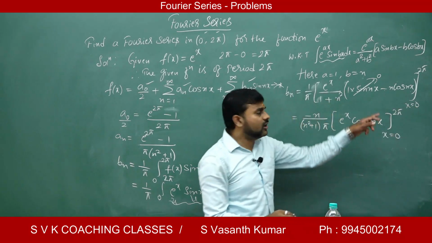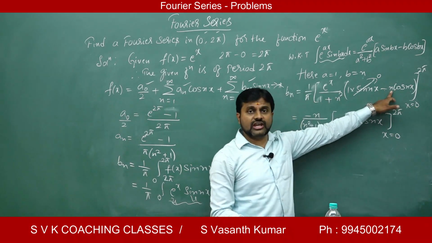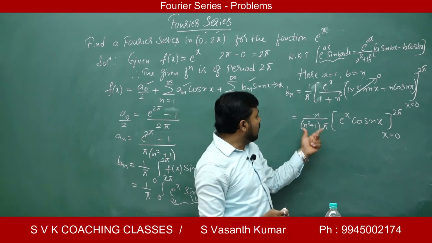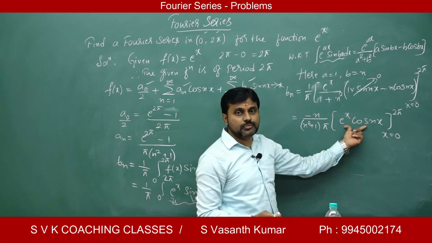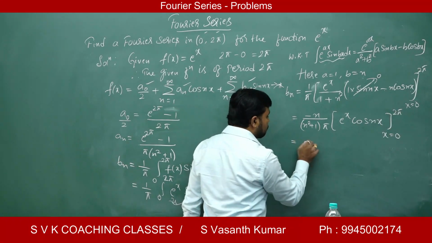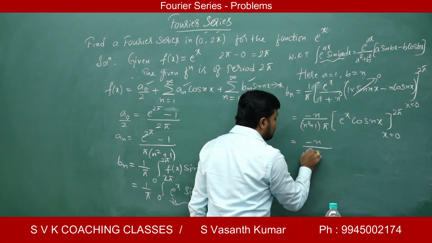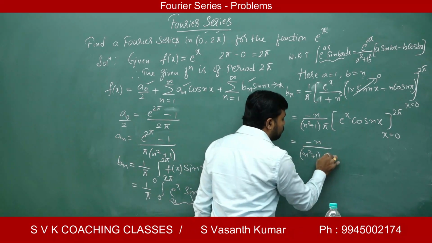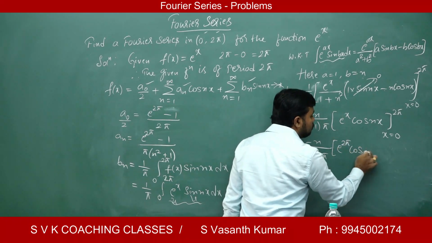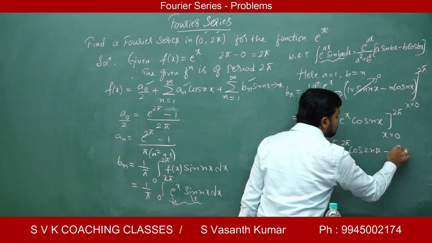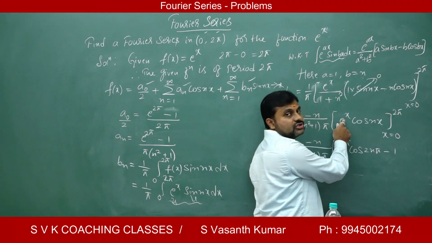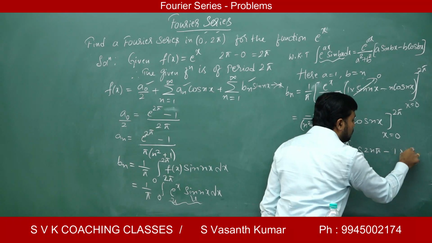So what I have done here? I have taken out minus n divided by 1 plus n square outside, and I have written the remaining term as e power x into cos nx. Now apply the limits. You are left with minus n divided by n square plus 1 into pi, into upper limit e power 2 pi into cos 2n pi, minus lower limit x equal to 0, e power 0 is 1, cos 0 is 1.